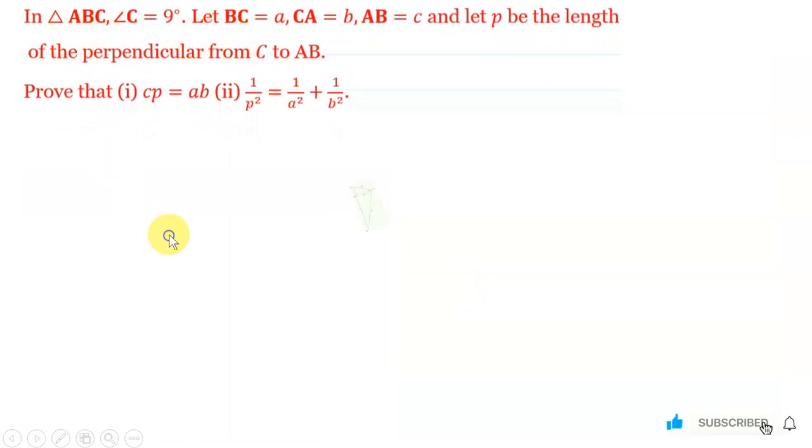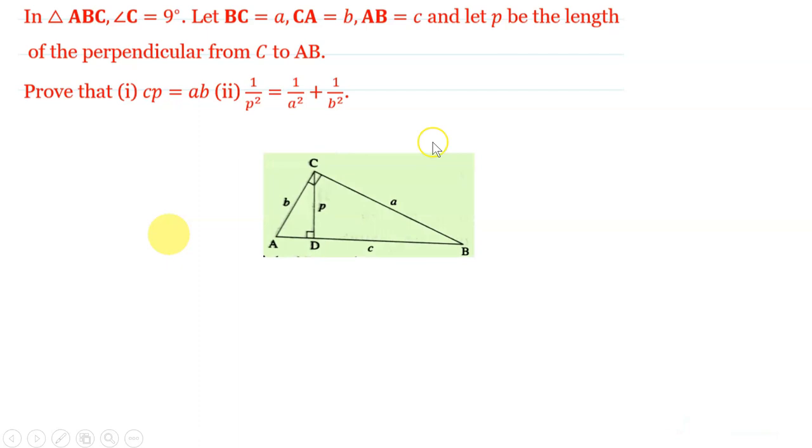In triangle ABC, measure of angle C is equal to 90. Let BC be equal to a, that is the side opposite to angle A. CA is equal to b, the side opposite to angle B. AB is equal to c, the side opposite to angle C. Let p be the perpendicular from C to AB.